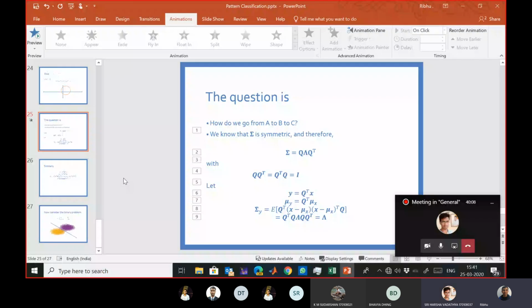So this Q will be a D times D matrix. Lambda will be a D times D matrix, assuming that all the eigenvalues are non-zero. And sigma is also a D times D matrix. So given that X is a D times one vector, Y will also be a D times one vector.